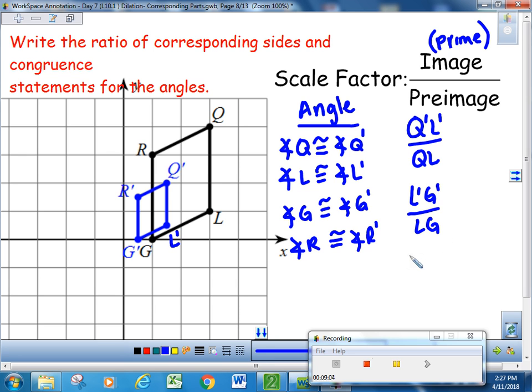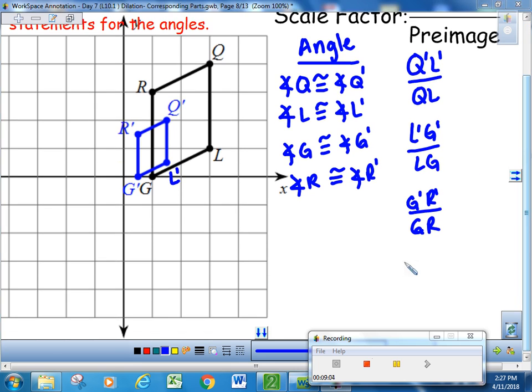Go ahead and write up the other two statements. Okay, we have G prime R prime over GR, and then the last one is going to be R prime Q prime over RQ.